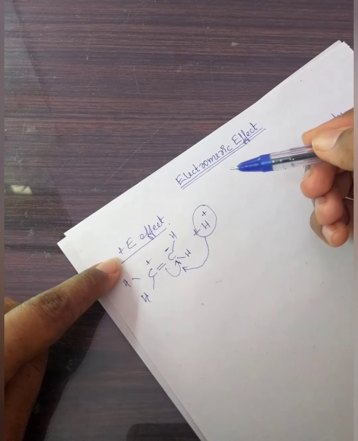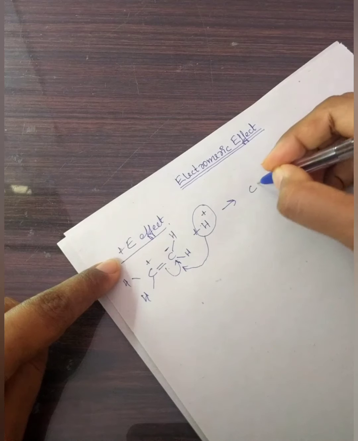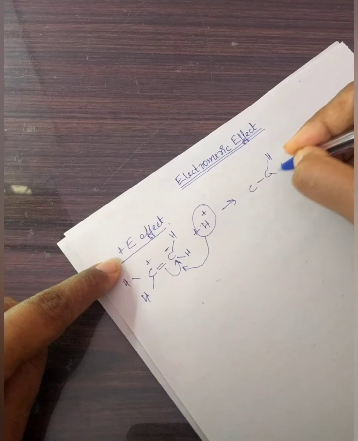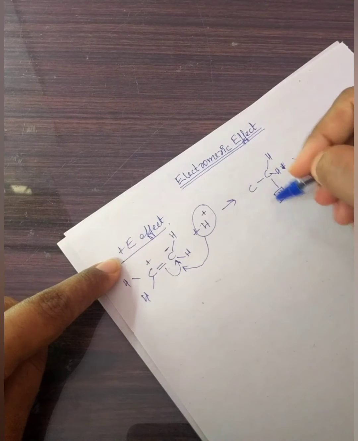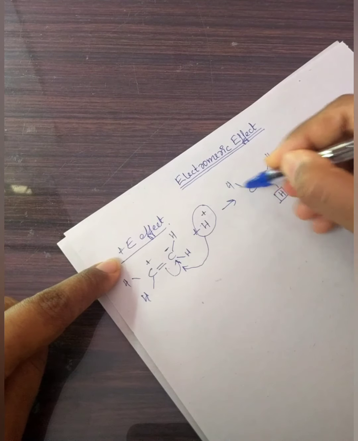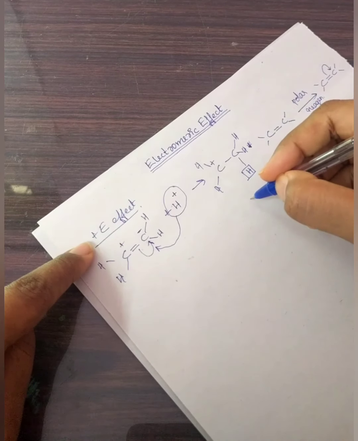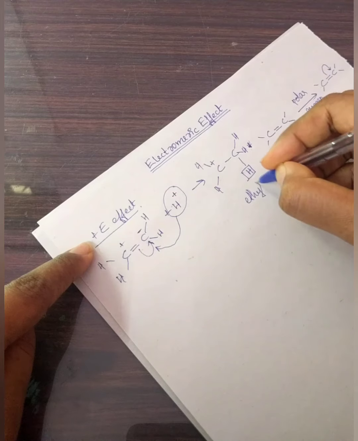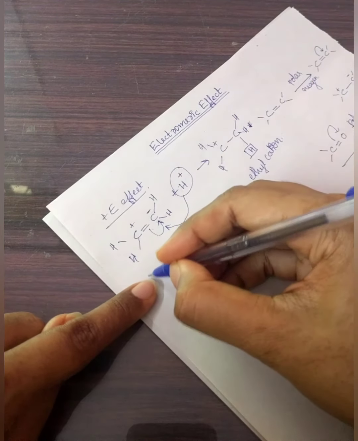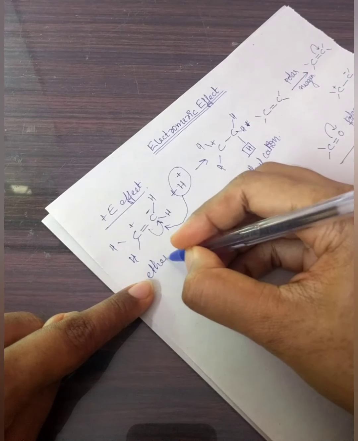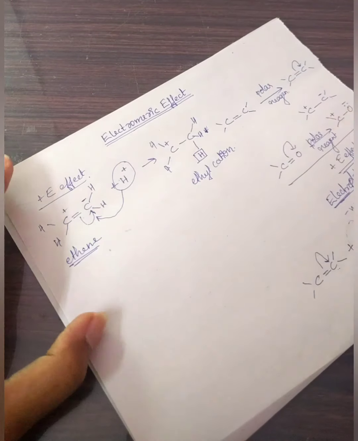So this should attack here. So our product according to the plus E effect will be, let it be the new proton attached, and here you will have the positive charge. So you will get an ethyl cation out of the ethene molecule.